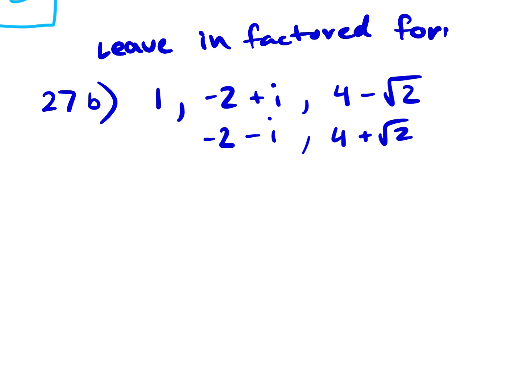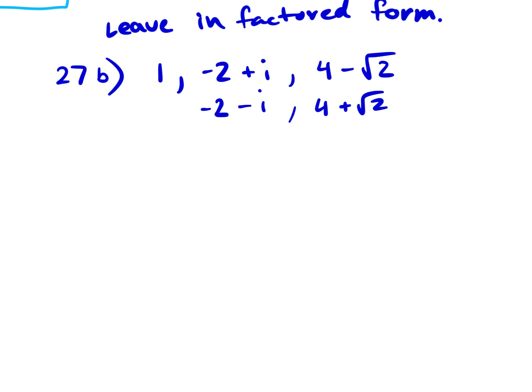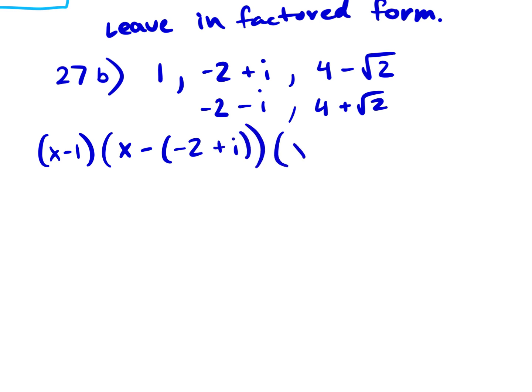So we're just going to have to write out our x minus all of our zeros, but we don't have to multiply it all together. All right, so we start with x minus 1. What would come next? We can just say x minus and then -2 plus i. That way we don't have to worry about distributing the negative to both things. Then we can say x minus -2 minus i.